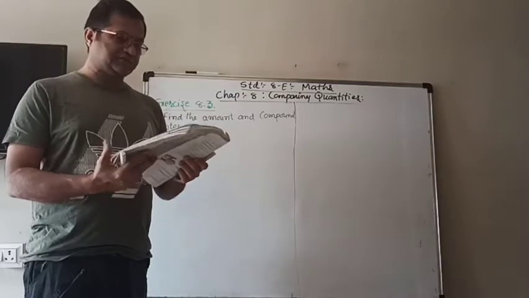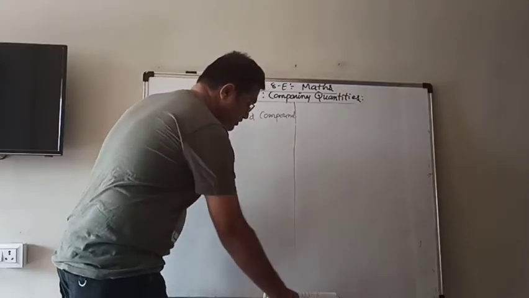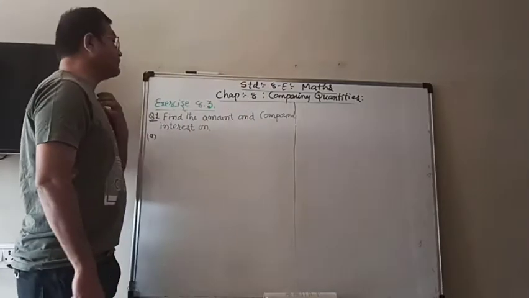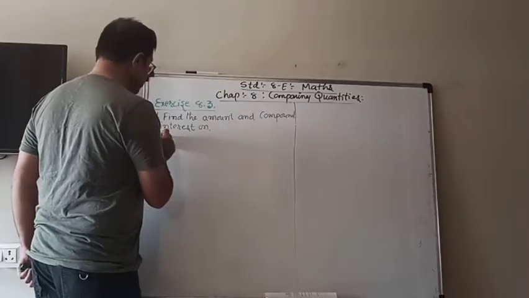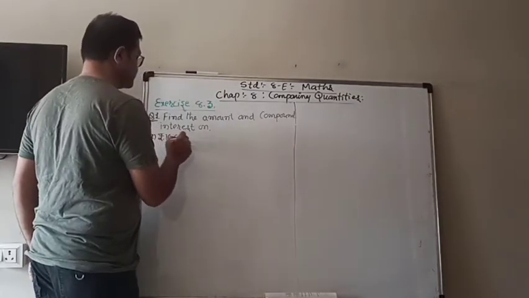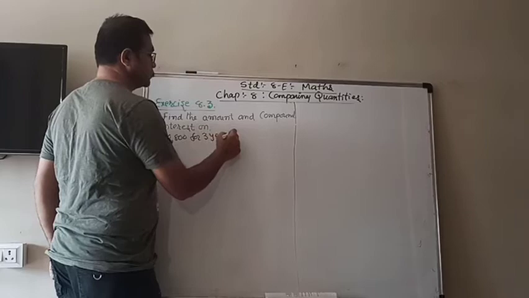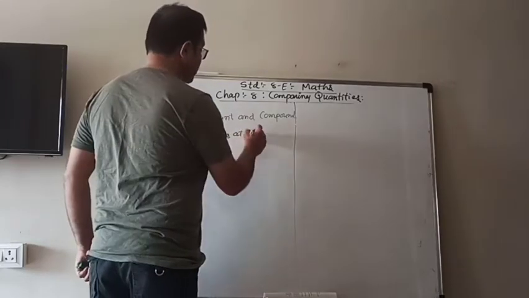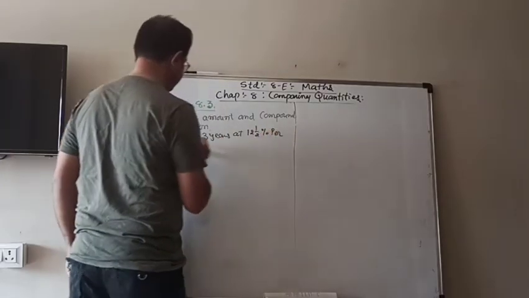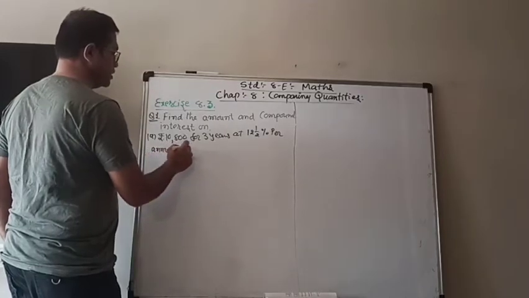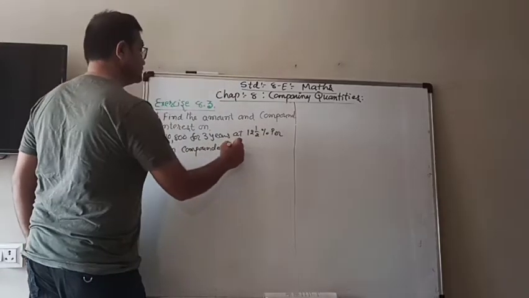Now, we will start exercise 8.3. In question number 1, it says calculate the amount and compound interest on rupees 10,800 for 3 years at 12.5% per annum compounded annually.